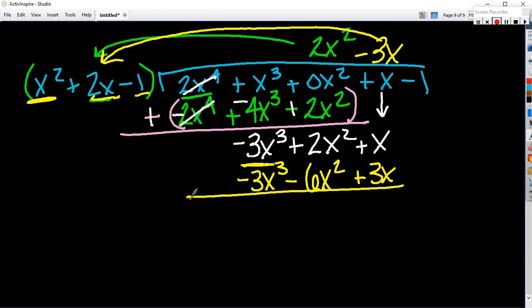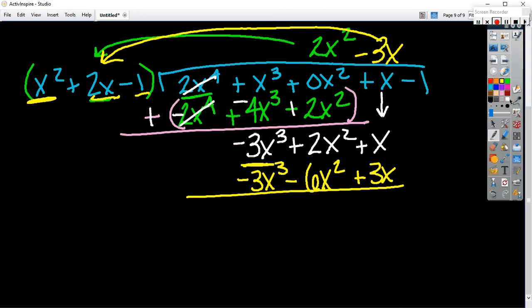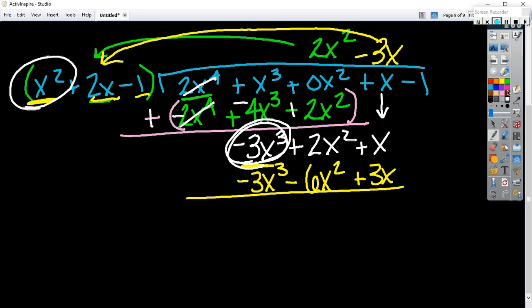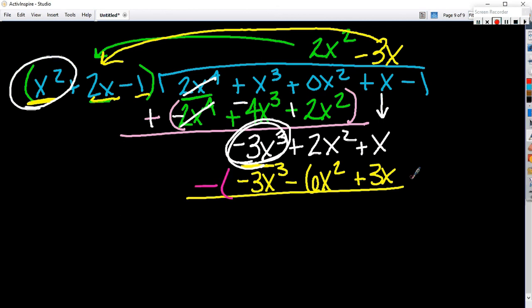Now what? Subtract. Yes. What do you multiply this by to get this? You're always looking at first terms. All right. Let's subtract here, which means same, change, change, change, change.